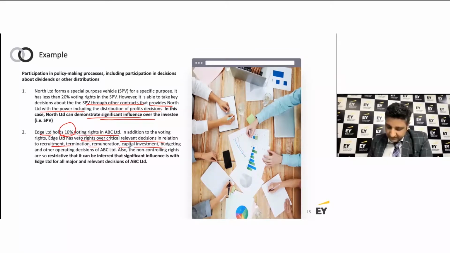So there could be strategic decisions on the capital investments, on the budgeting part of it, or the termination of people, for example. So in that context, the significant influence is likely to be present with Edge Limited, and accordingly, the investment in ABC Limited may, in this case, be considered as an investment in associate.